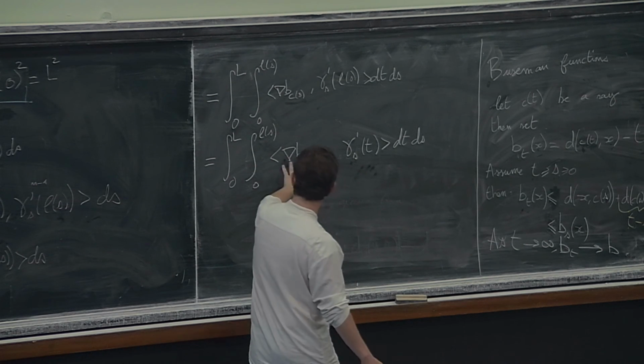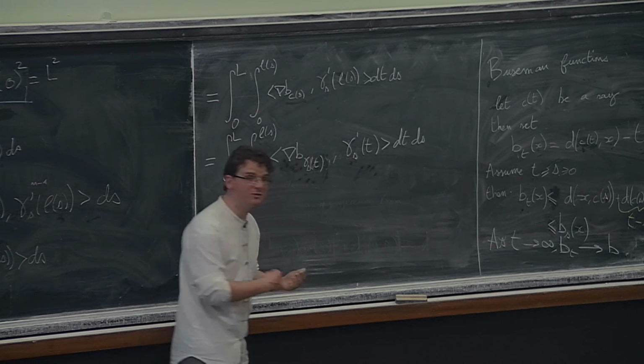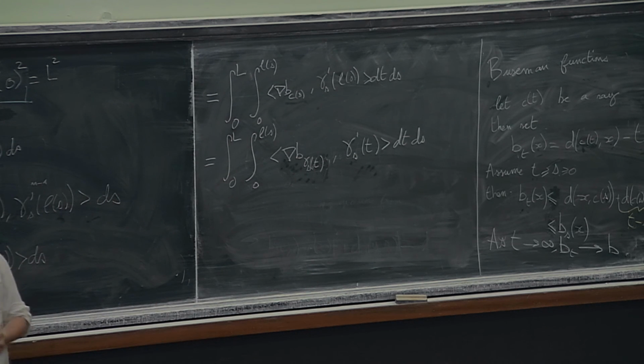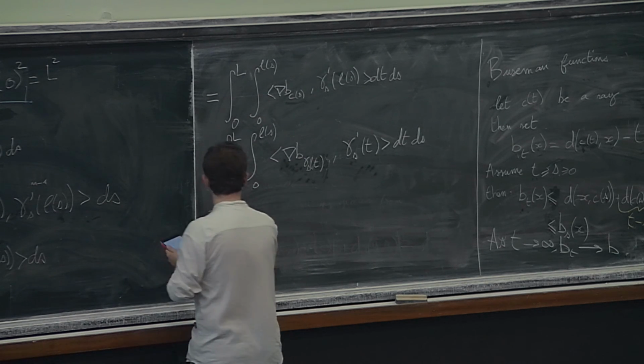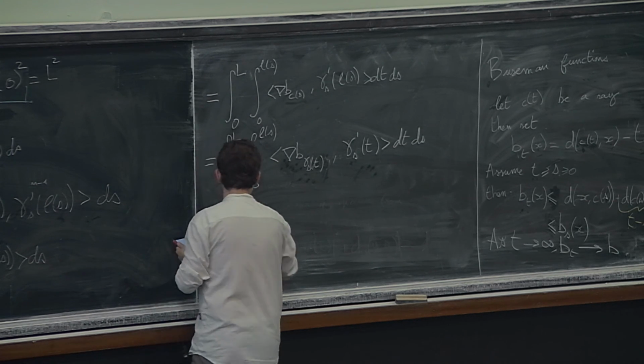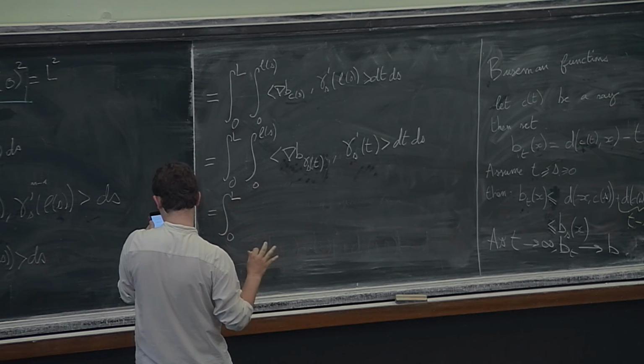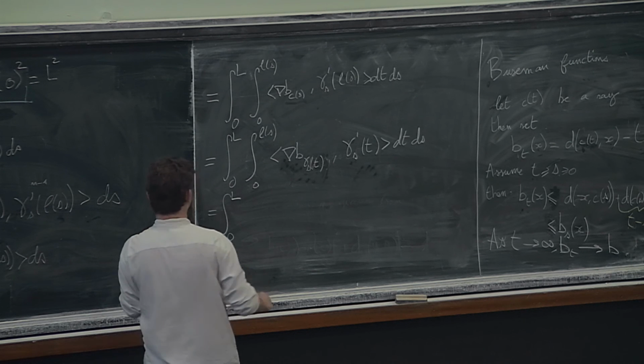Okay, and what is that actually? Well, that's the derivative of B in the direction of gamma s. I need my note to make that clear, but when you sit and do the computation, that's pretty clear.